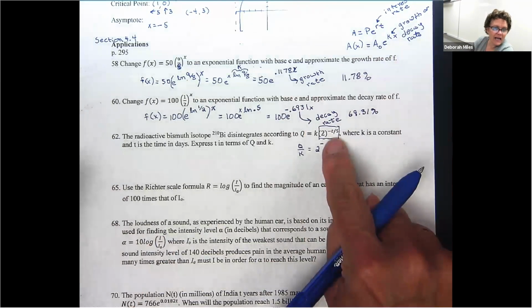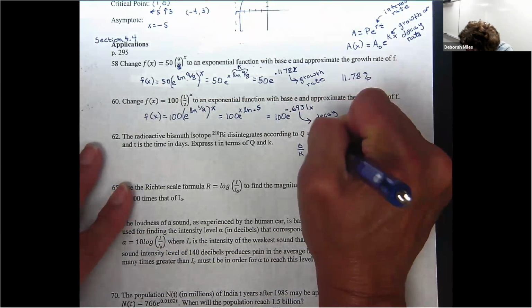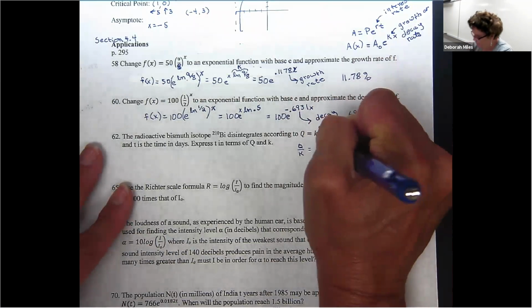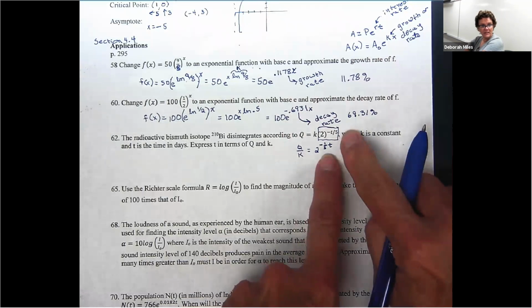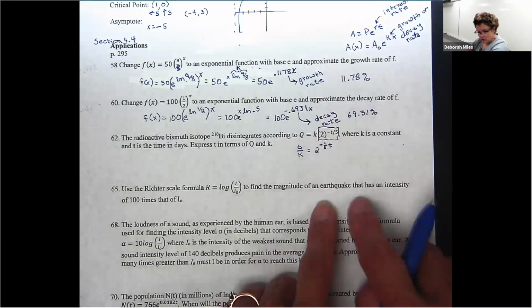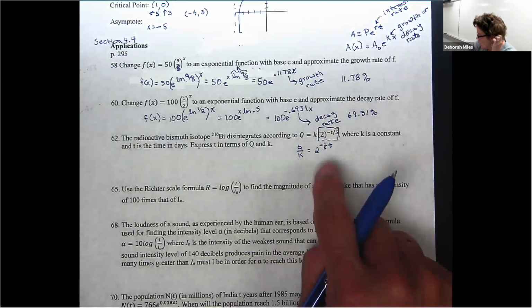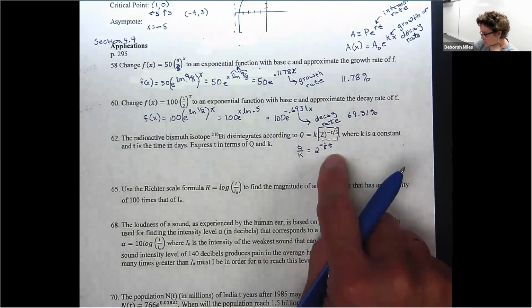You know what? My eyes could interpret that better if I wrote it as negative 1/5 T. Are those two things the same? Negative T over 5 and negative 1/5 T? They are. So how do I unexponentiate that negative 1/5 T?